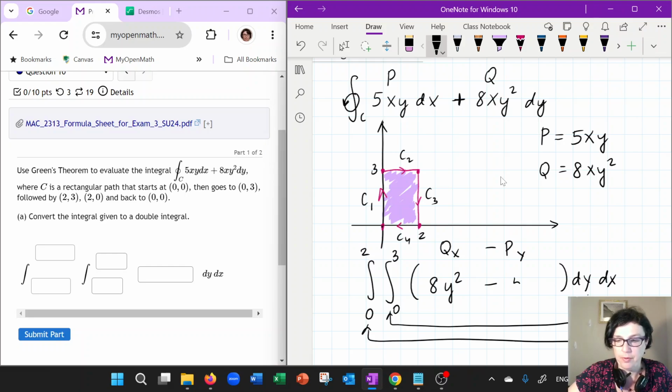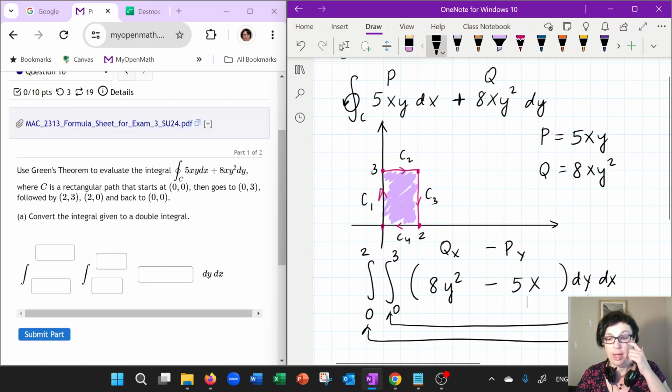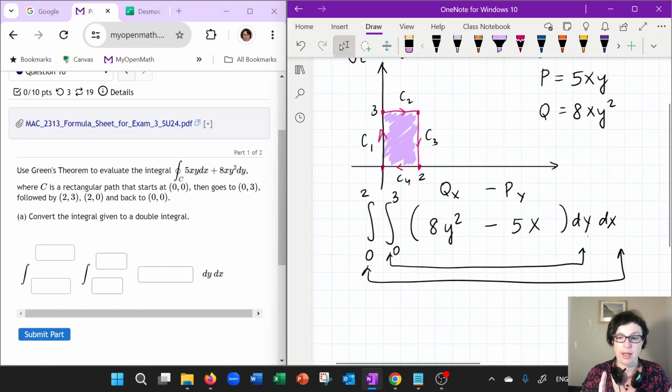That'll become 5x. Okay, now the only thing that I still have not done, and I'm supposed to do, is switch the signs, because the orientation was, remember, clockwise. If it was counterclockwise, this would be the answer, but because it's clockwise, I just will switch the sign. So I'll make this negative, I'll make that positive, and that'll be it.